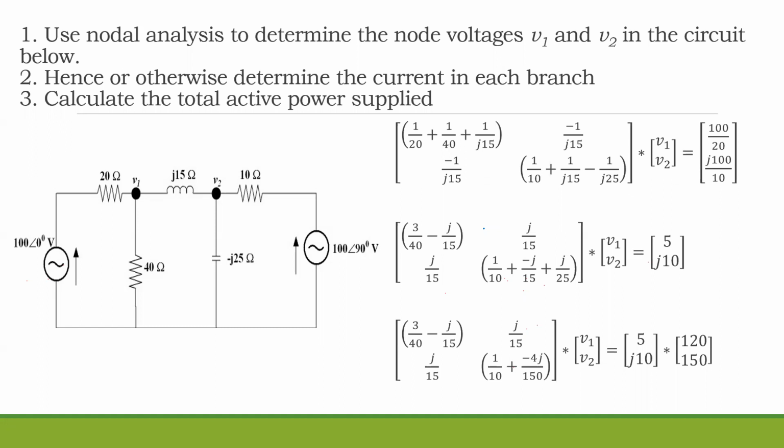I didn't put the J on the 100. I see you have a J on the 100 over 10, because it was 100 at 90 degrees. Yes, sir. So I made a mistake right there, sir. Okay. All right. So correct that for me. All right, sir.